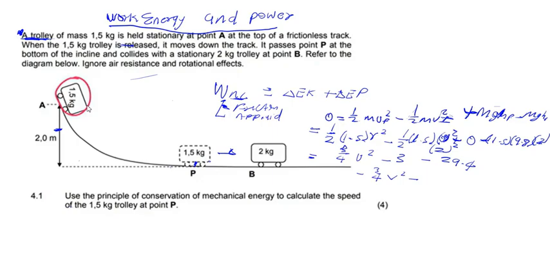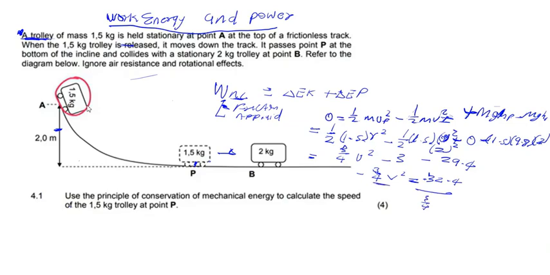So we have negative 3 over 4 v squared, minus 29.4, is equal to negative 32.4.